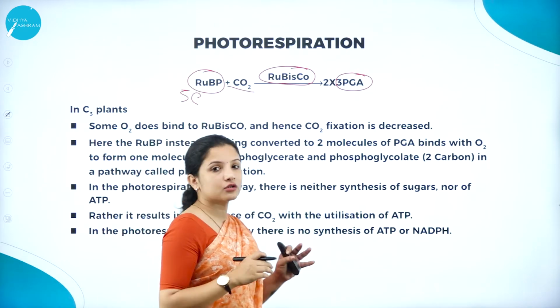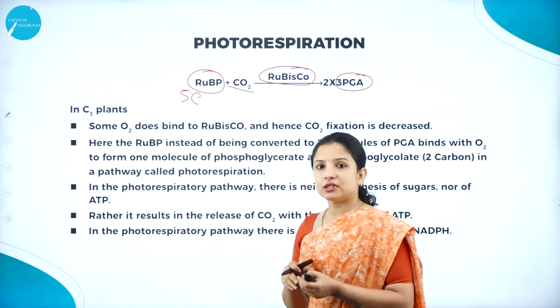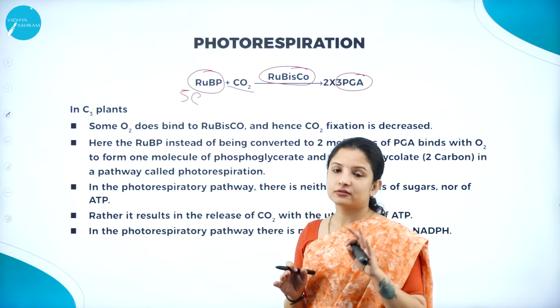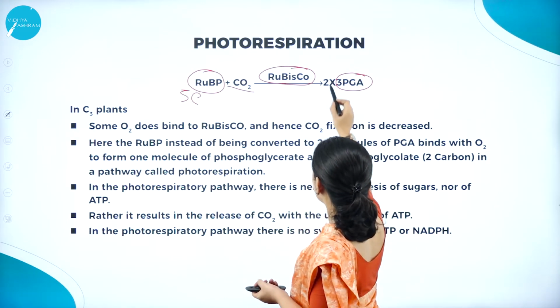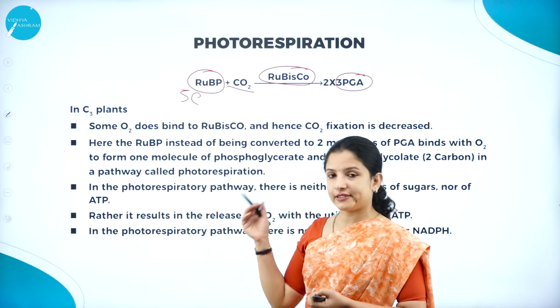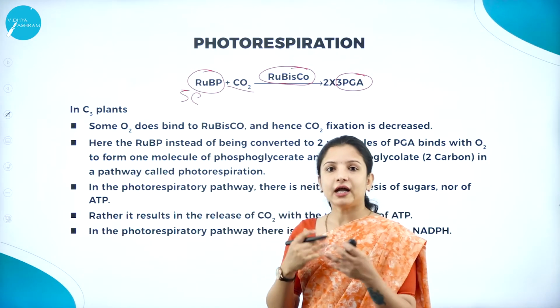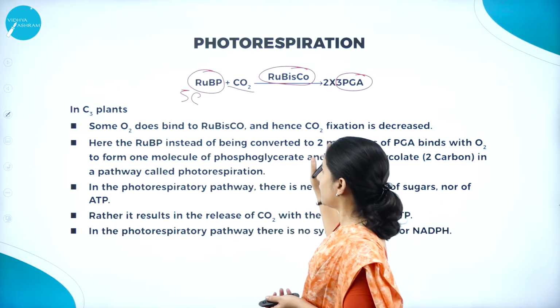So this was what we observed in the Calvin cycle, in C3 plants itself. Because the first compound formed was a 3-carbon compound, 3-phosphoglyceric acid, it was also called the C3 cycle. We all knew about that.